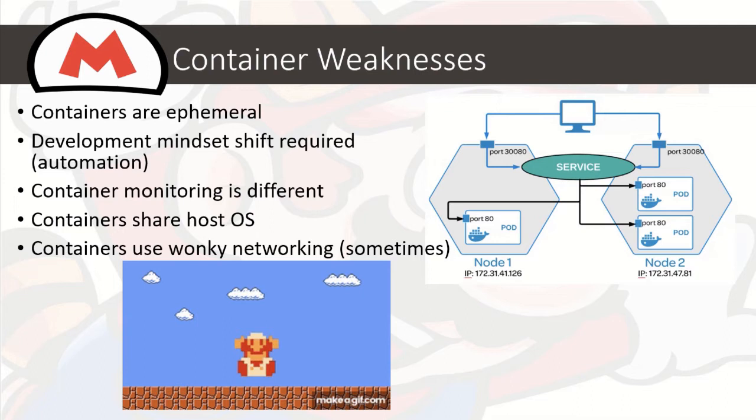Containers use a little bit of wonky networking for the same reason that if you spin up 1,000 of them, how do you address something to it? In our enterprise, when you have several large machines and you want to load share traffic among them, you put a load balancer in front of them and address traffic to it.